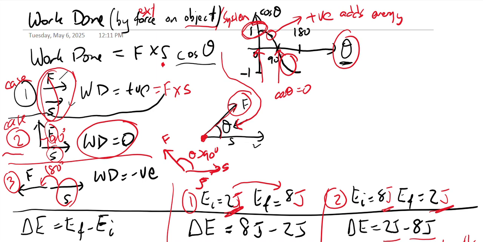After that, cosine theta becomes negative, which means that the whole term of work done becomes negative. So the work done by the external force on the object is negative, which essentially means that the force takes energy out of the system. Work done being negative means that the system's energy drops.